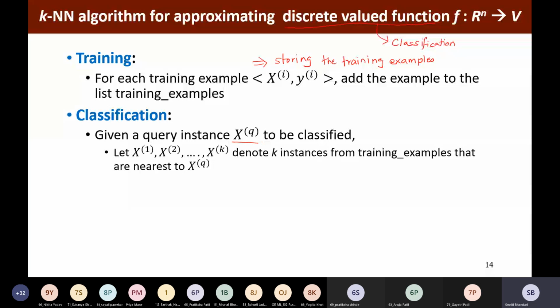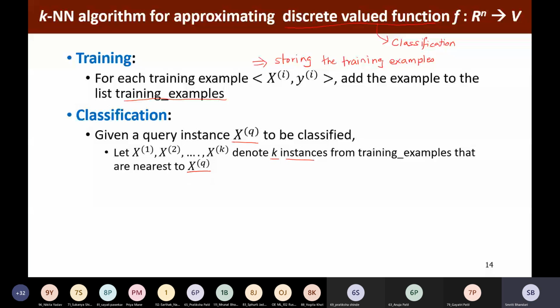What we do next is find the k instances from the training set, the training examples, that are nearest to the query instance xq.